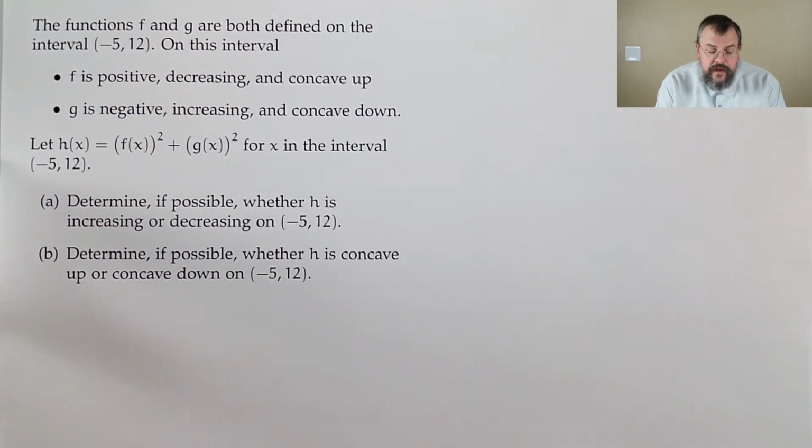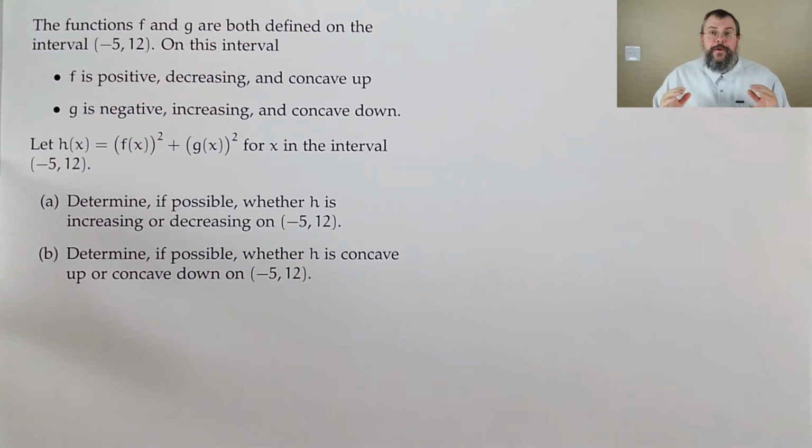And there's a new function called h of x, which is f of x squared plus g of x squared, and still the same interval. So there's two parts, parts A and B. The first one, determine, if possible, whether h is increasing or decreasing. And then part B, determine, if possible, whether h is concave up or concave down.